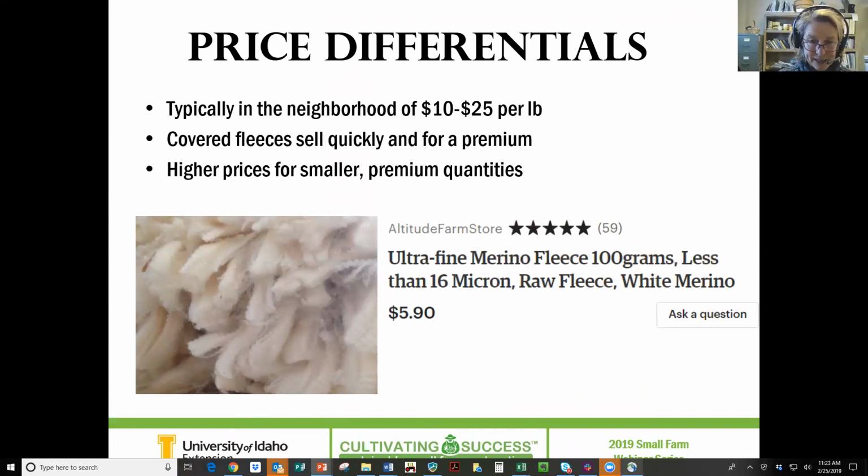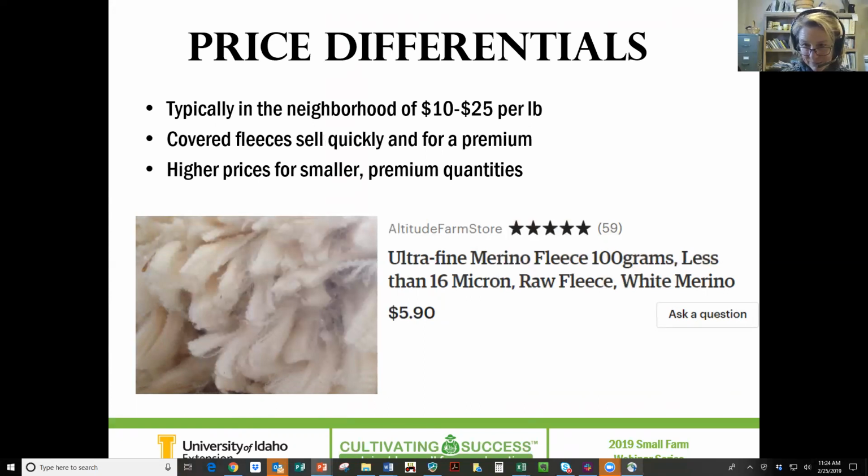And another trick that you see is sometimes people only sell the very best part of a fleece, and they can get higher prices for small amounts. So it'll maybe all balance out better for them if they can at least sell the premium parts of the fleece. Like this example, this was in the Etsy store, ultrafine merino fleece, 100 grams.